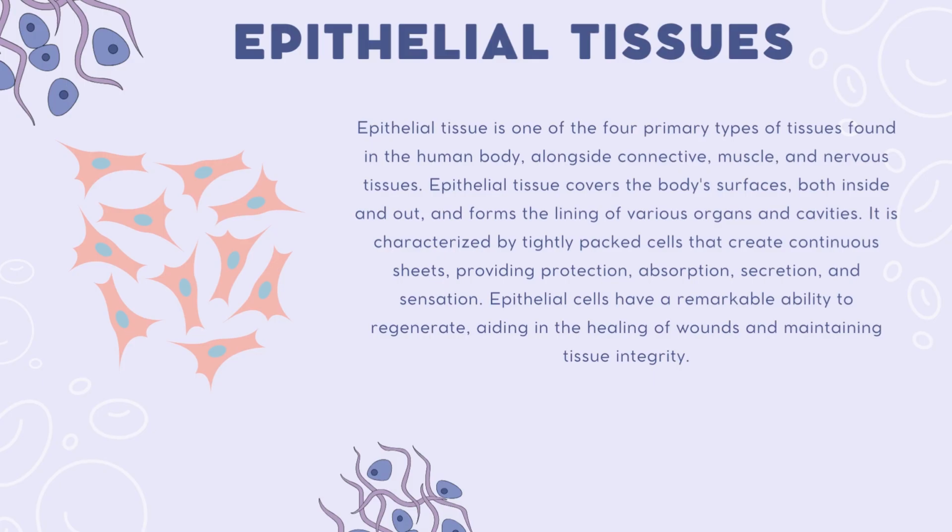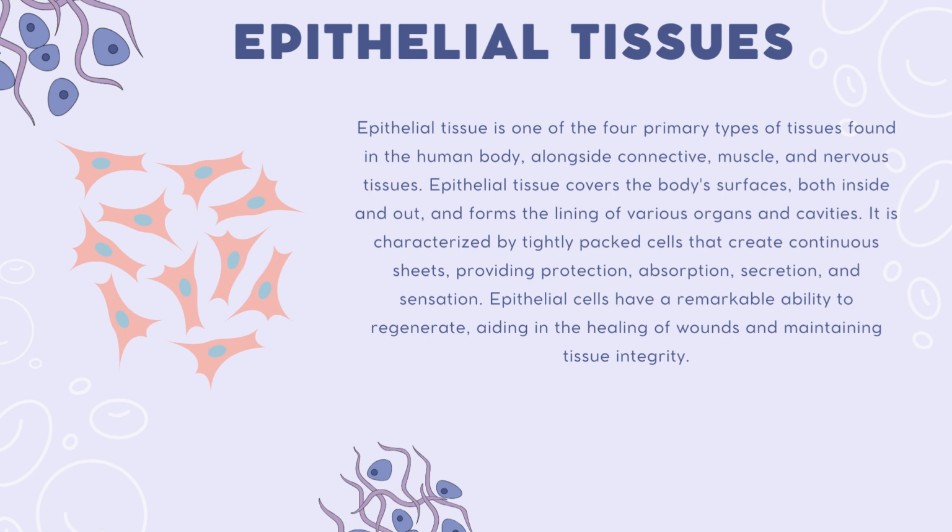Now, epithelial tissues. Epithelial tissue is one of the four primary types of tissues, as we just discussed with connective tissue. Epithelial tissue is found in the human body alongside connective tissue, muscle, and nervous tissue. They all work together. Epithelial tissue covers the body's surfaces, both inside and out, and forms the lining of various organs and cavities.